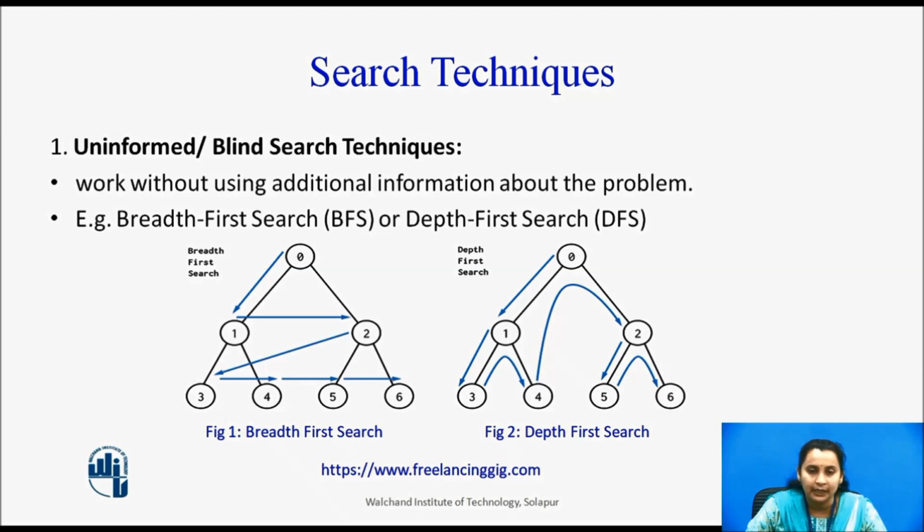The next example of this blind or uninformed search technique is depth first search. It searches deeply. It goes from the root node to its first successor node, then the successor of that successor, until there is no further node. In the graph there is the zeroth node, first node and further the third node. Further there is no child node of this third node, so it will backtrack to its parent node.